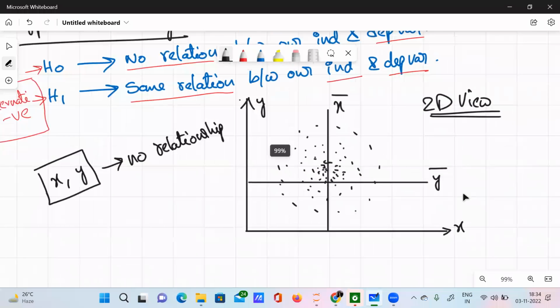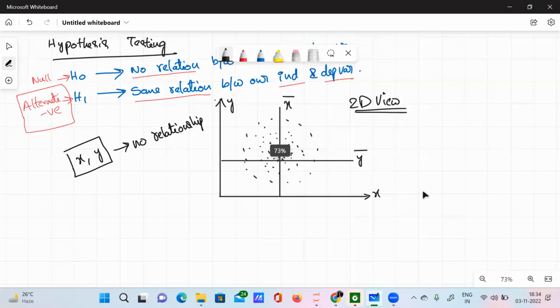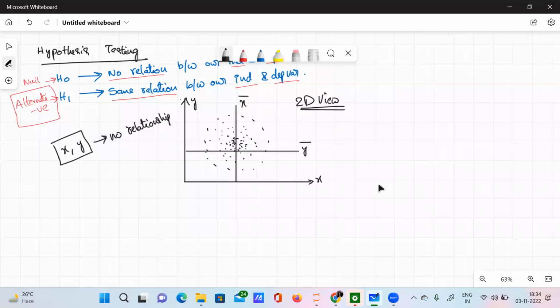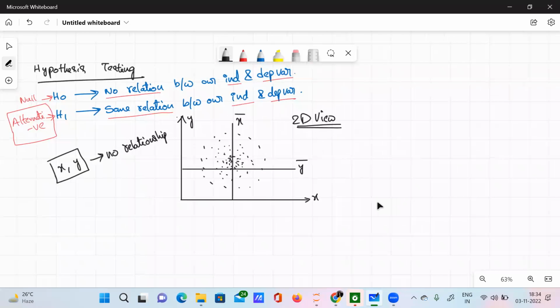Okay, so this is a 2D, two-dimensional view, right? So if you want to experience this entire plot in a three-dimensional view, how would that be?